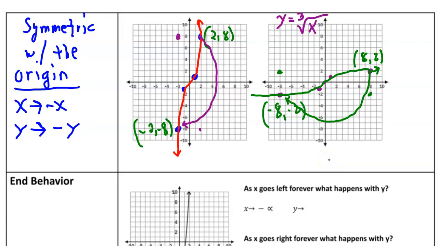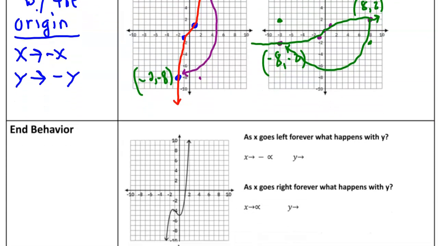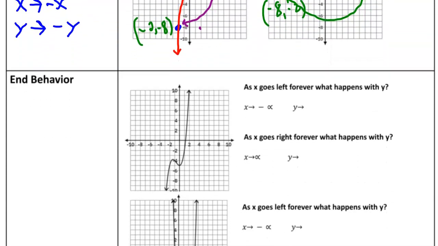Now end behavior. As x goes left forever, we're talking about x approaching negative infinity. So we're going to the left, on the left side, and I'll abbreviate it now. We're looking at what it does on this side.